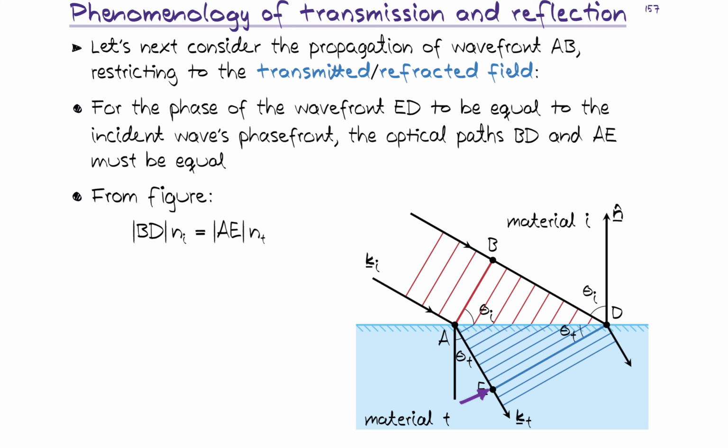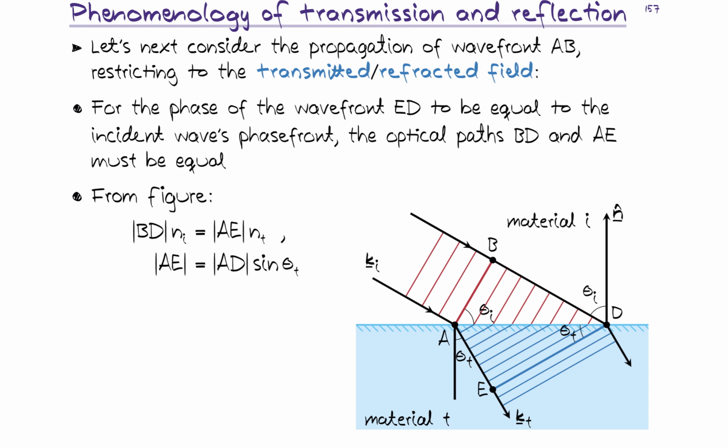And if we require that the phase of the incident wave would be the same in these points E and D, that then implies that AE times NT must be equal to this. And similarly, we can write that AE should be equal to AD times sine of theta T. So let's look at here. AE would be this line here. And then from geometry, we see that this is the hypotenuse, AD times sine of theta. We should get the same line here.